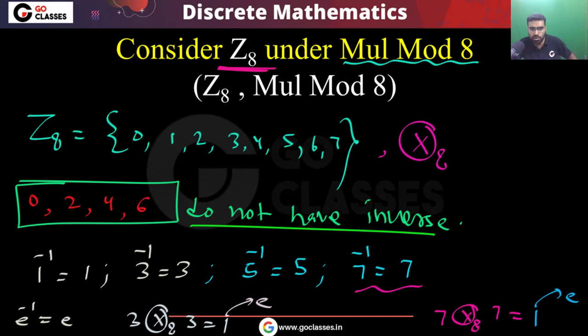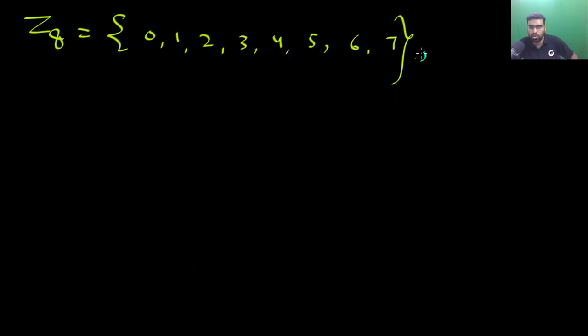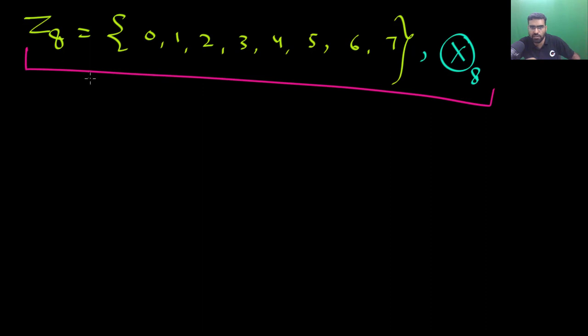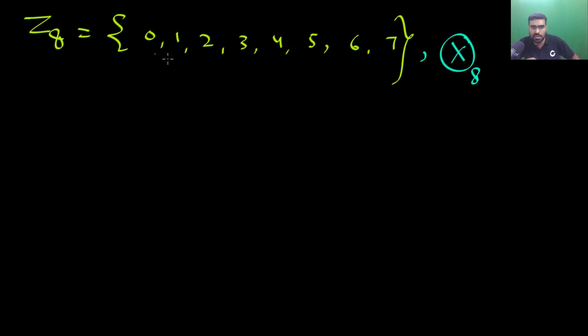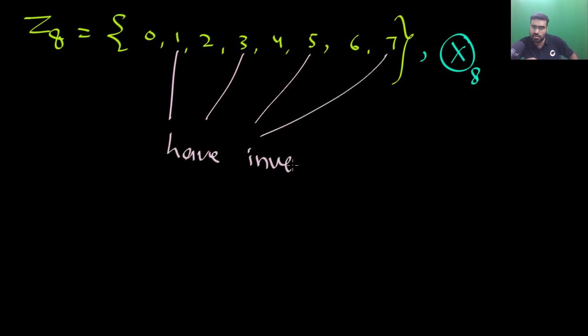Now you tell me, how to convert this structure into a group, under multiplication modulo 8? Just see what the problem is. The problem is the inverse property. 0, 2, 4, 6 do not have inverse, but 1, 3, 5, 7 have inverse.